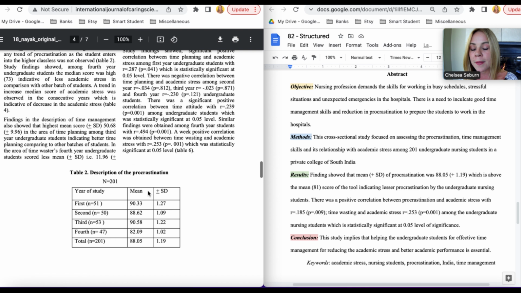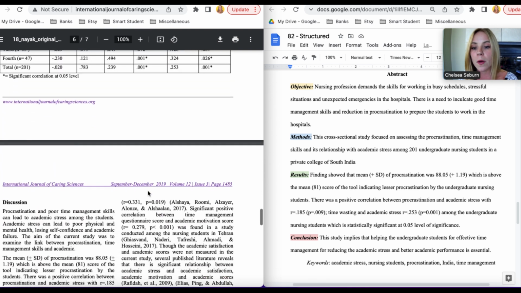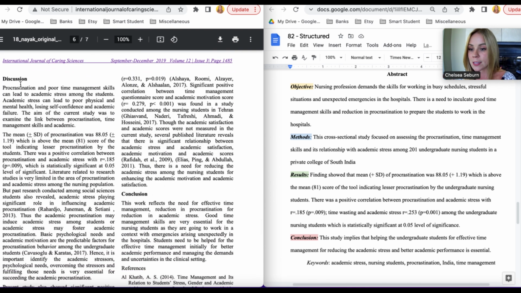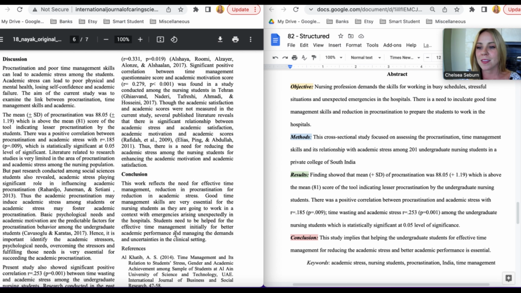And then going down the line, we do have 2 other sections down here, which is the discussion and the conclusion. And so you may think, why not include the discussion? Because that is a main section. Simply put, the discussion doesn't belong in your abstract because, well, the conclusion is kind of the summarized version of the discussion. And so that's why it's okay to jump right down to the conclusion.